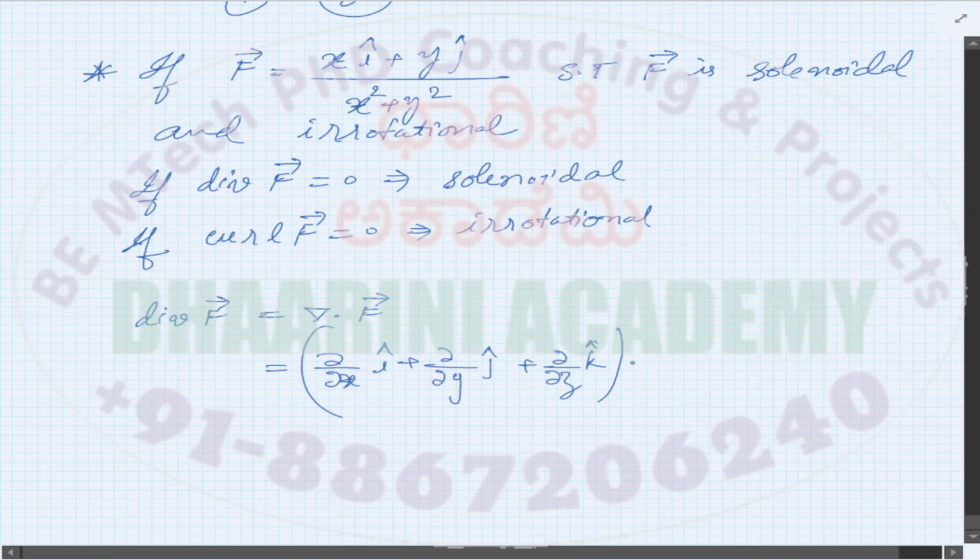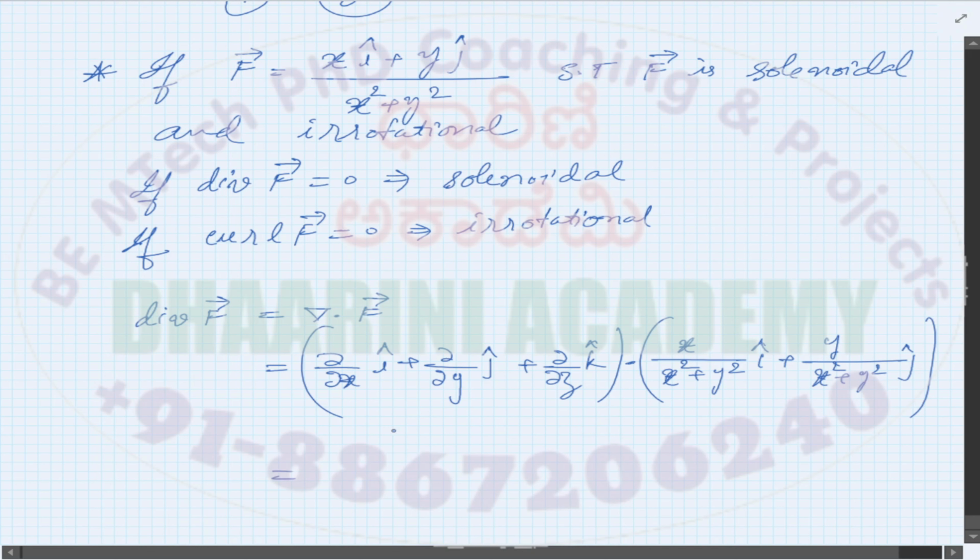This is del dot the given vector. Now you see I split the vector. x dot i cap, I just write the x dot i cap here. So that is x divided by x square plus y square into i cap plus y divided by x square plus y square into j cap. Alright, so it's one and the same, still the same.